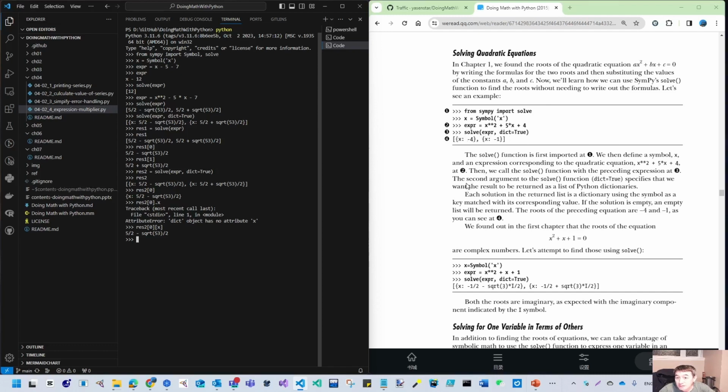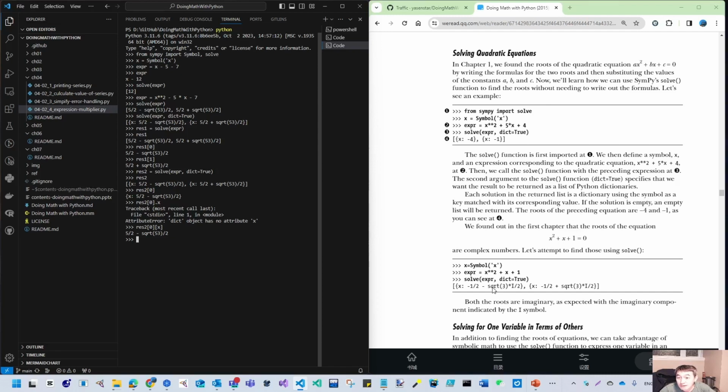So here the second argument specifies that we want the result to be returned as a list of Python dictionaries. So with this one, you also get a list, but it's a list with dictionaries as the elements. Each solution returned is a dictionary using the symbol as a key, matched with its corresponding value.